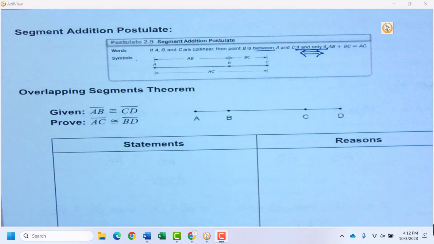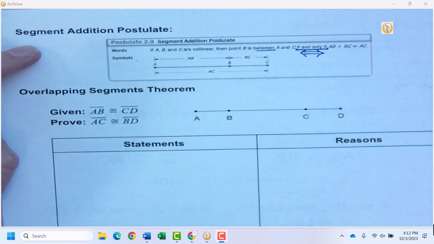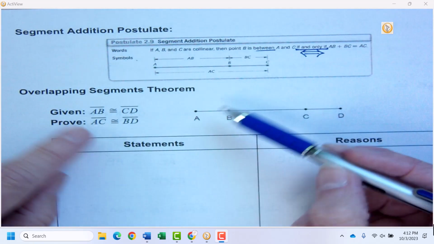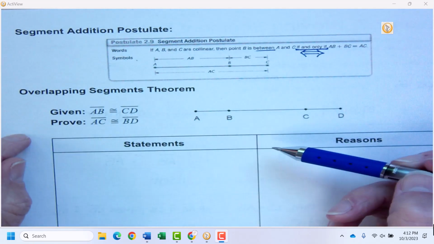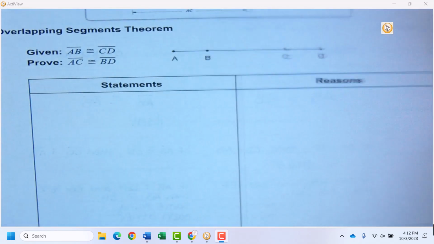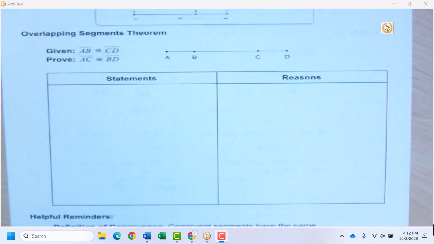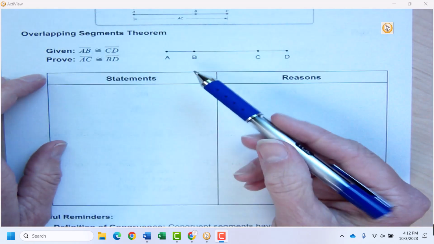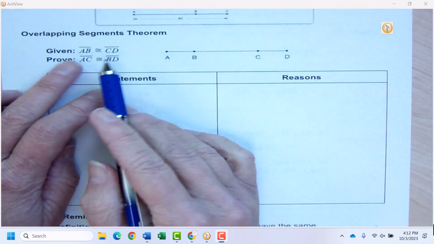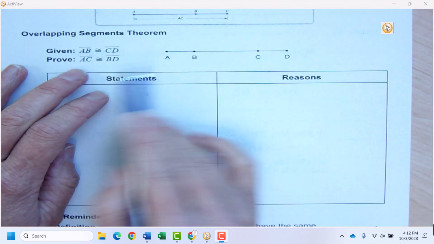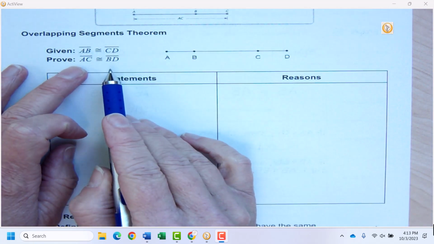So we're going to use this segment addition postulate in this overlapping segments theorem. I know it's hard to get used to proofs, so I just want you to watch and play along and anticipate some of the things that are going to show up as we talk through. So let's look at what we're given in this figure and what we need to prove about this figure.